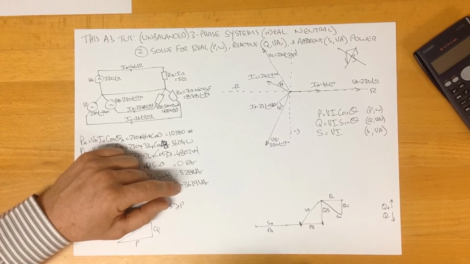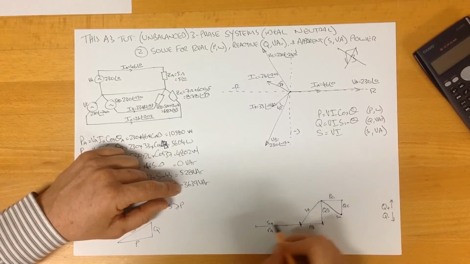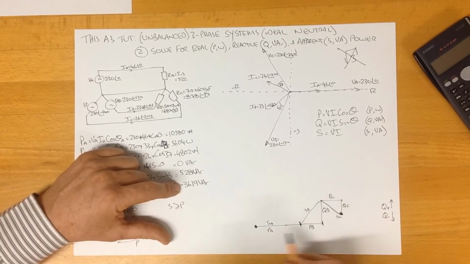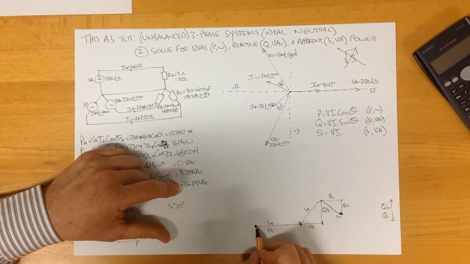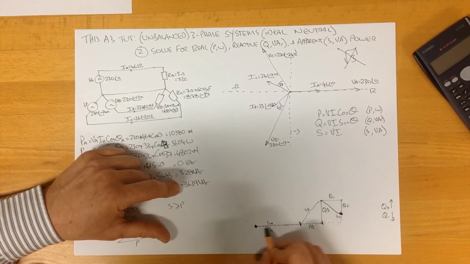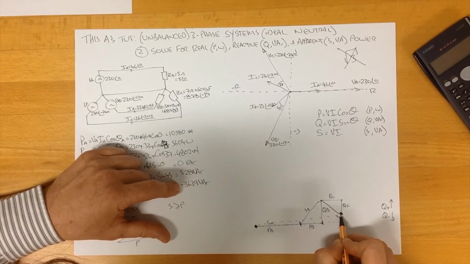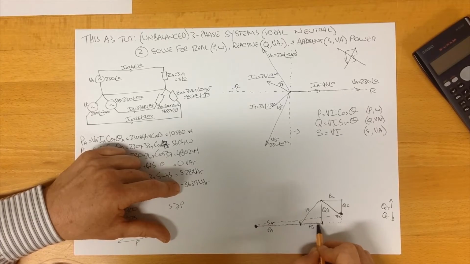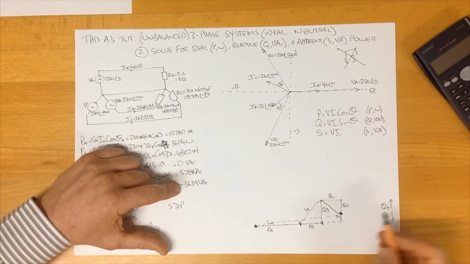And we can see that to get from our origin to our resultant here, we can complete that power factor triangle for the whole lot like this, along these dotted lines.